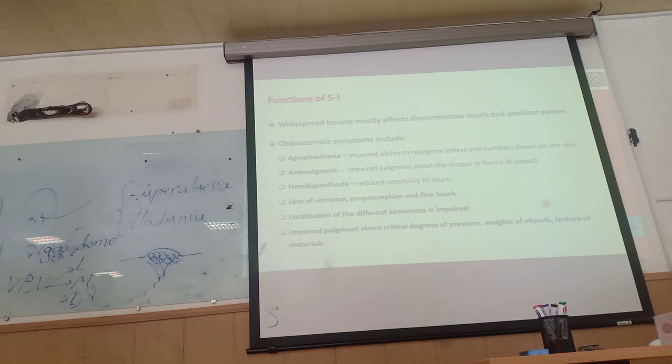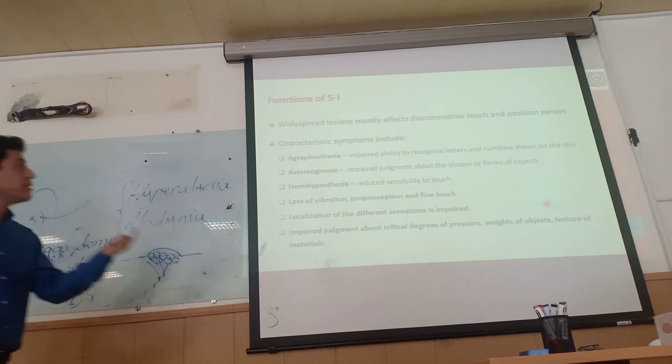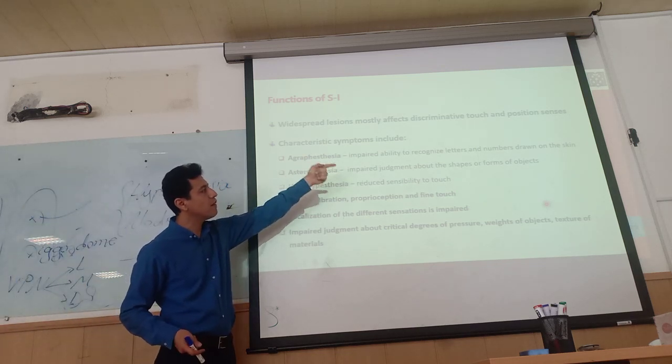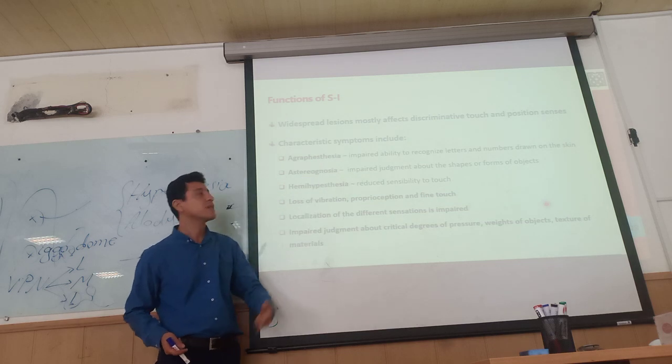The patient is not aware of that. The patient cannot say which letter was written in the palm. We call this agraphesthesia: impaired ability to recognize letters and numbers drawn on the skin.